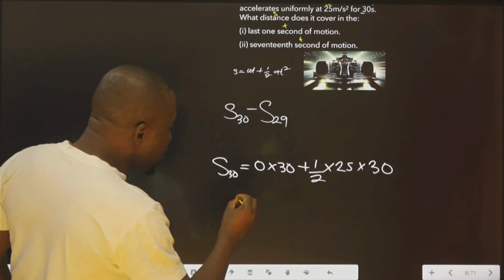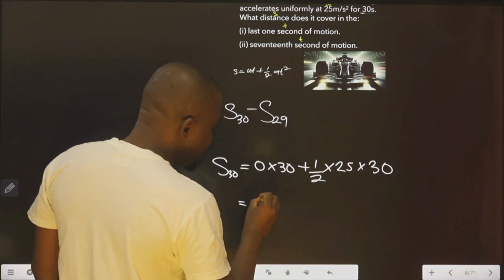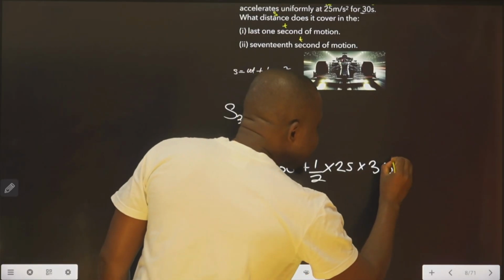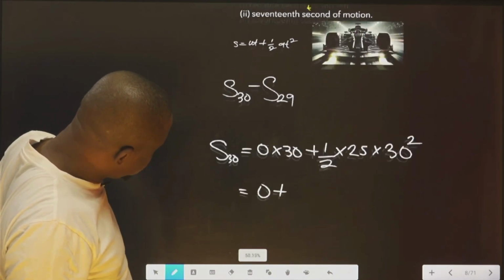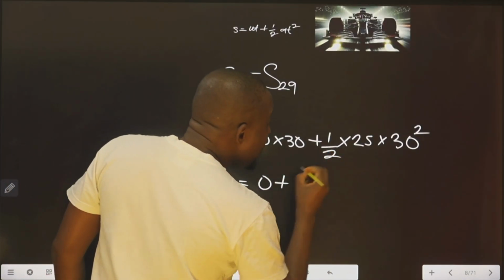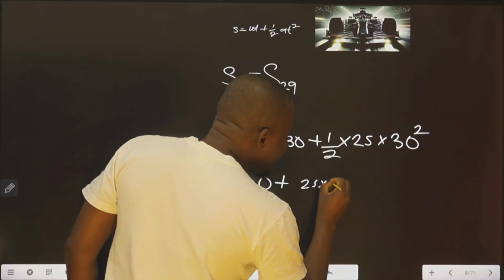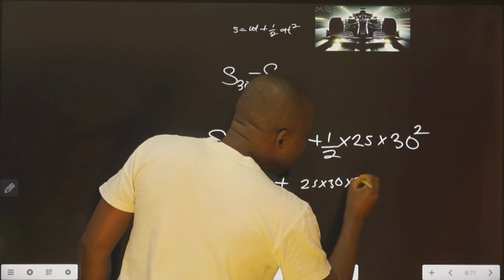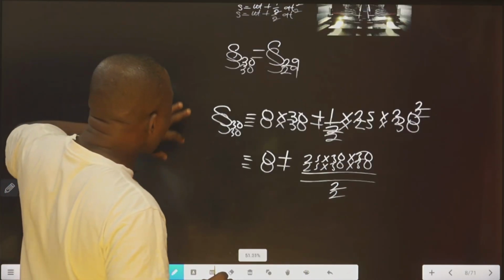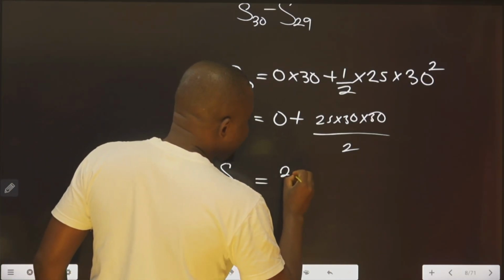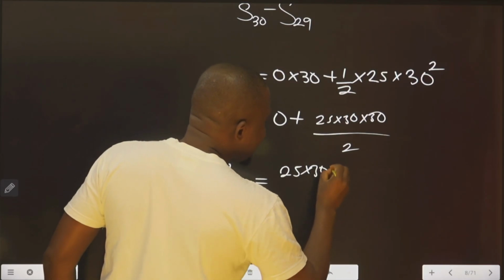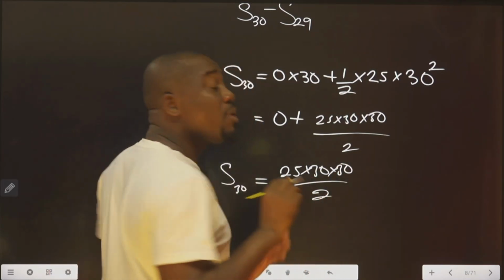If you solve this, you agree with me, it is 0 plus, please note this is squared, 25 multiplied by 30 multiplied by 30 over 2. I will stop here.